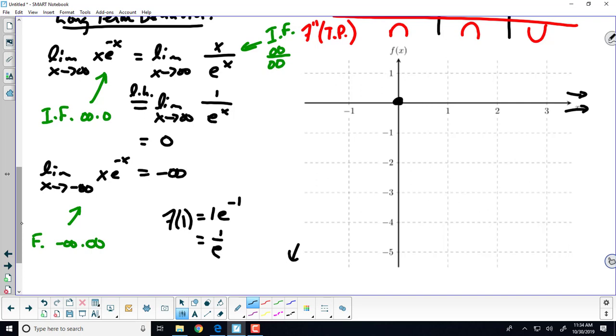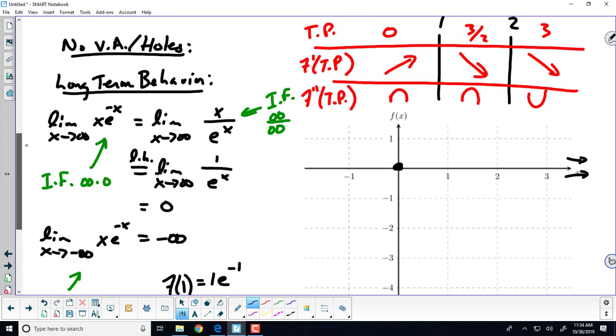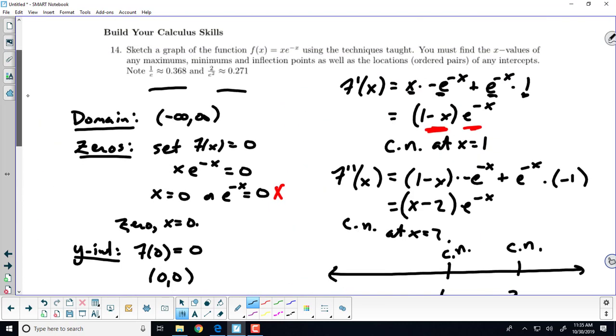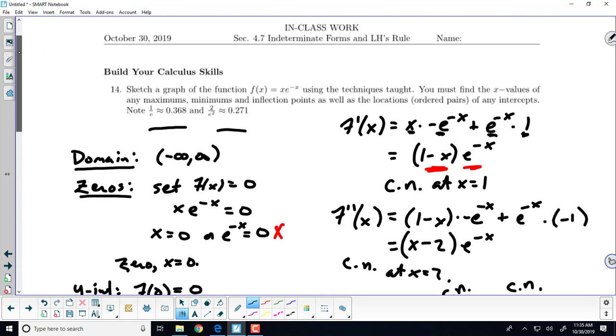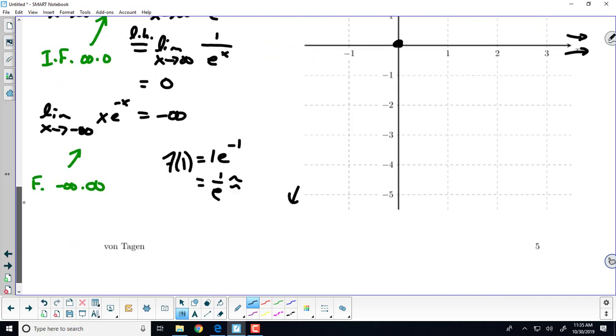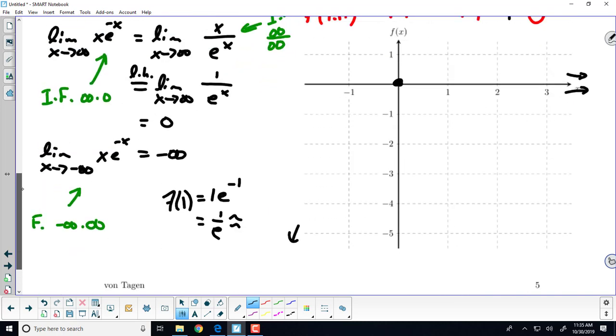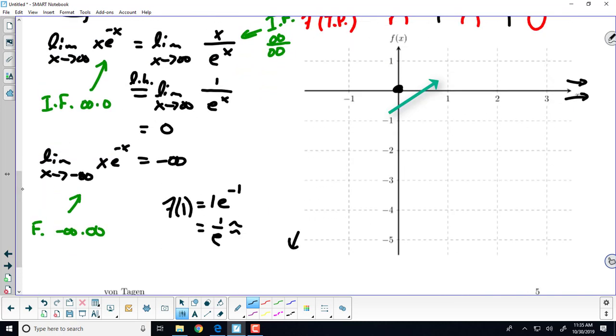That's what I gave you a decimal approximation of: 1 over e is approximately 0.368. So here we are at 1 and then 0.368. I'm going to exaggerate that slightly just so I can fit my inflection point on there as well. That's 1 comma approximately 0.368.